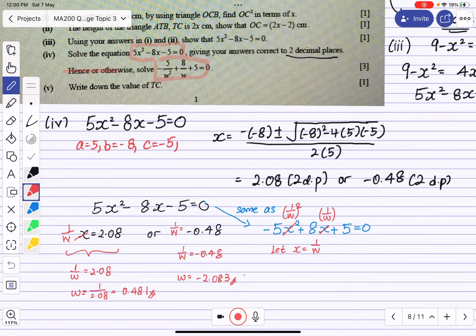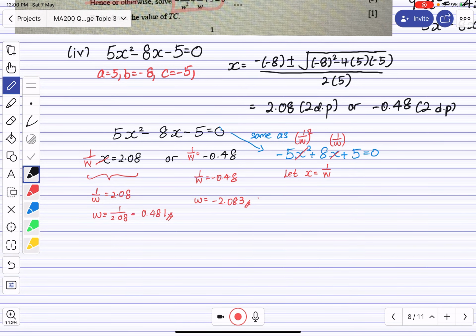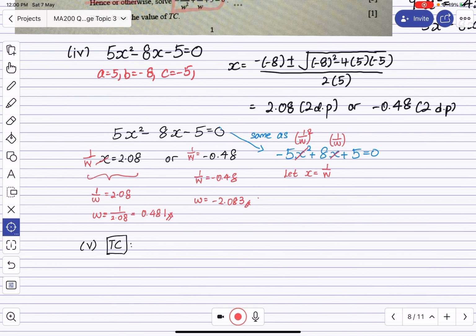Once I have found my x, I'm going to write down the value of TC. As I do part 5, I'm aware that if I'm solving for TC, there's a context to this question. In the earlier part, we know that TC is 2x. We definitely cannot take the negative value of x because TC is a length, so I'm going to reject it.